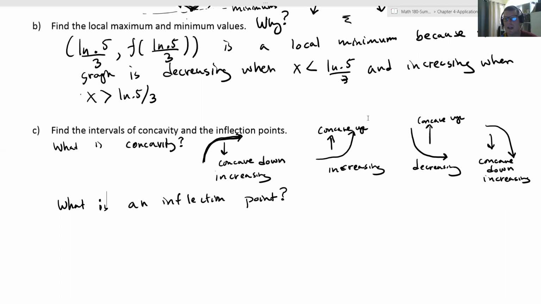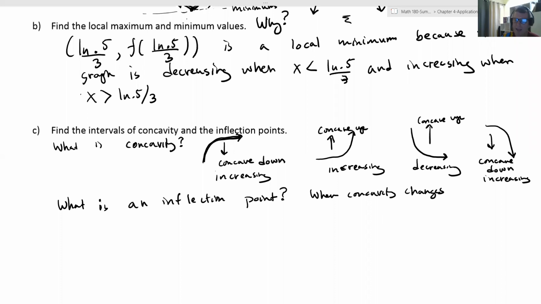Raji said it's when concavity changes. That's right. And it's where it goes from negative to positive in the second derivative. So an inflection point is when the concavity changes.